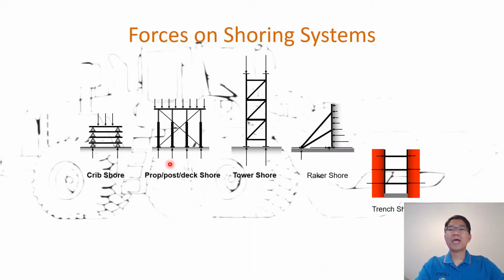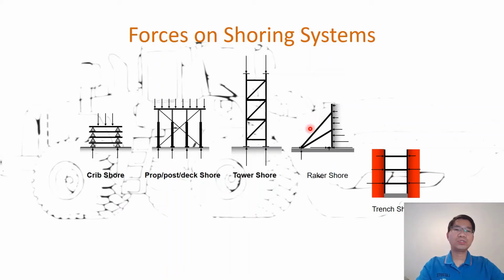And then you have a reaction from the ground floor or from the concrete floor already placed under the shore. So that is the load applied. And then if we use the tower shore set up in a higher place, the load can be vertical directly on the shore.